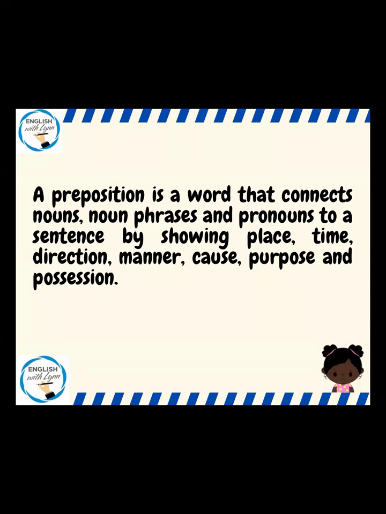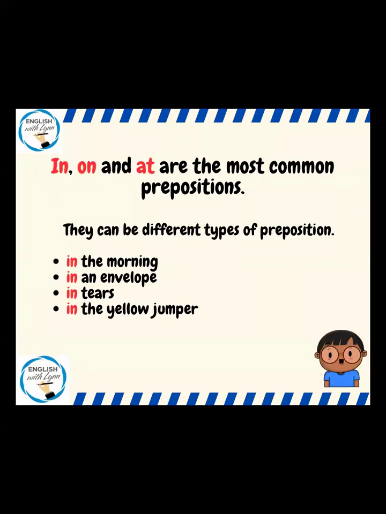Now, in terms of prepositions, some of them are incredibly common, and you will hopefully all have come across in, on, and at. They are your most common types of preposition, but they are used in many different ways as well. So when you are looking at in the morning, that is showing the time of something.